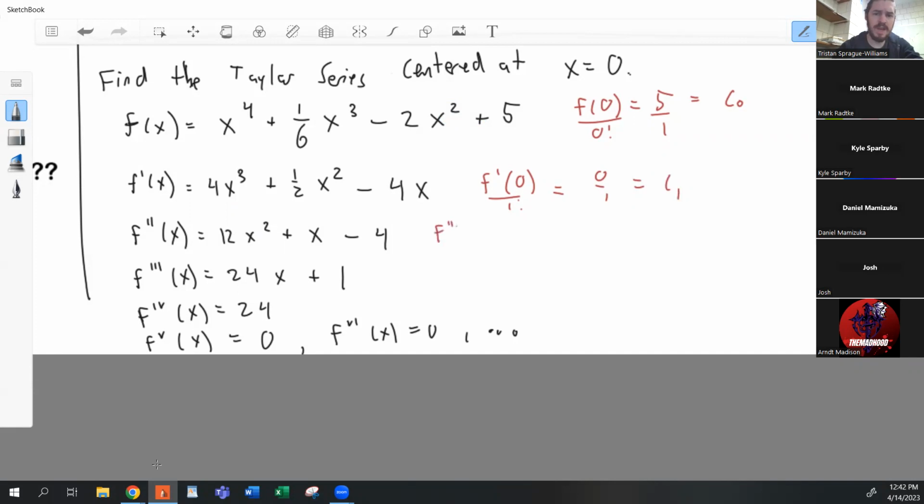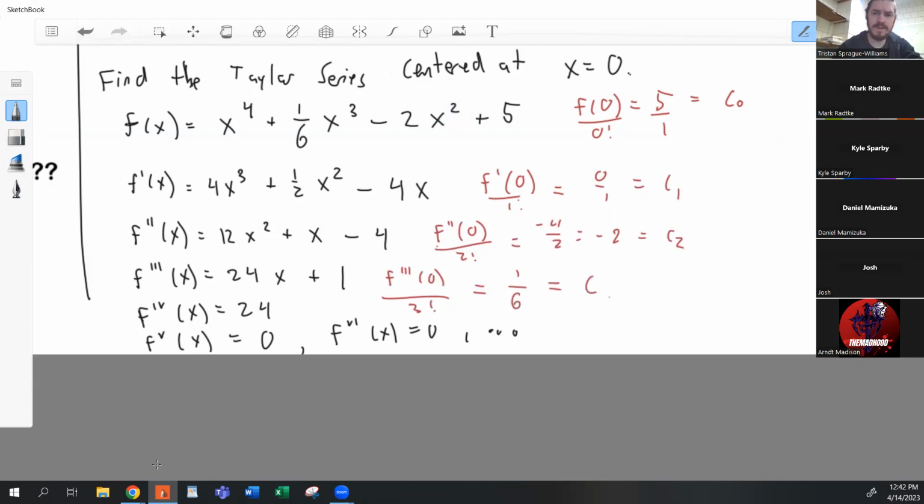Then we evaluate the second derivative at 0 divided by 2 factorial. This at 0 is going to be -4. So we have -4 over 2. That's -2. That's C2. The third derivative at 0 divided by 3 factorial is going to be the constant term here, which is 1. 1 divided by 3 factorial, which is 6.